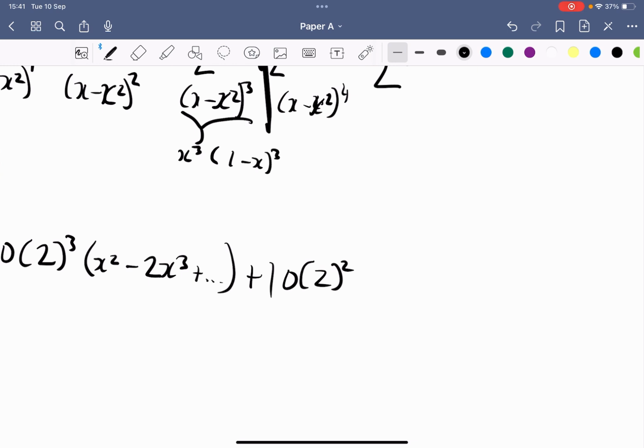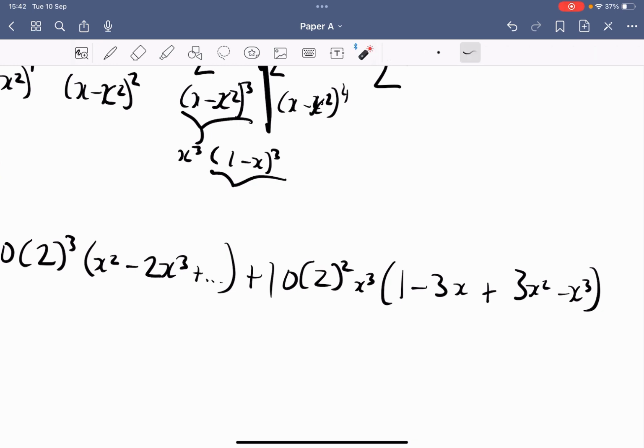I've basically just taken out a factor of x cubed, and that makes our job a lot easier, since all I need to do now is binomial expansion for this, which is just 1 minus 3x plus 3x squared minus x cubed.